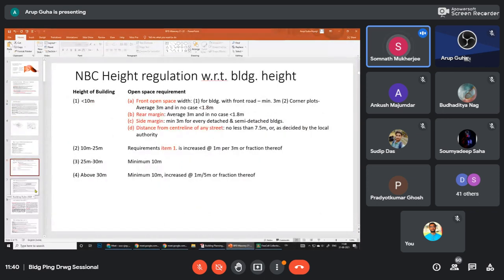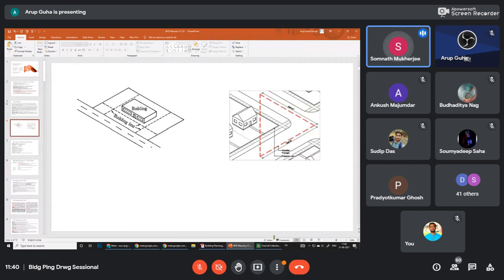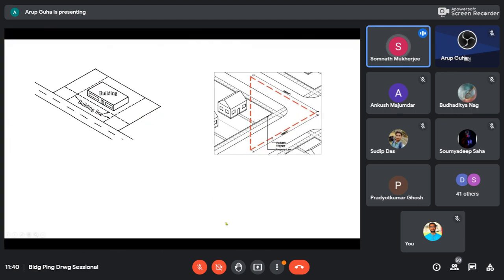Also you have to keep some space free as side space of the building, as well as rear space of the building, where in the rear space you can construct an underground reservoir, septic tank, or other facilities which are not directly a function of your regular use.